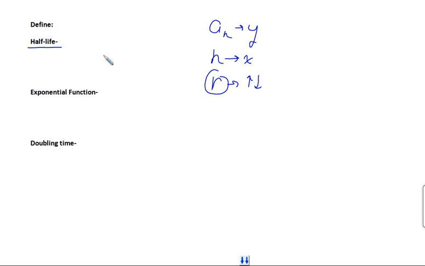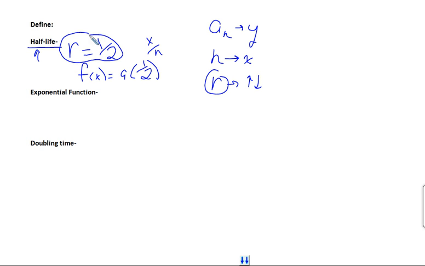So this number is what is going to get affected by our half-life. So our r value will be 1/2 in half-life, and you're going to see a function that looks like this, and we will get into what it means, x over 1/2. Don't stress too much about this, just know that half-life means r is 1/2 for now.